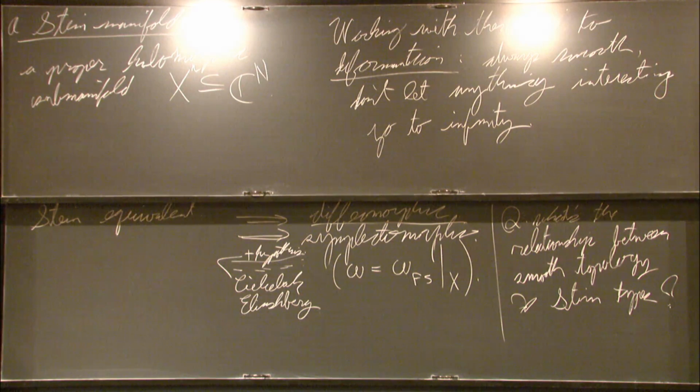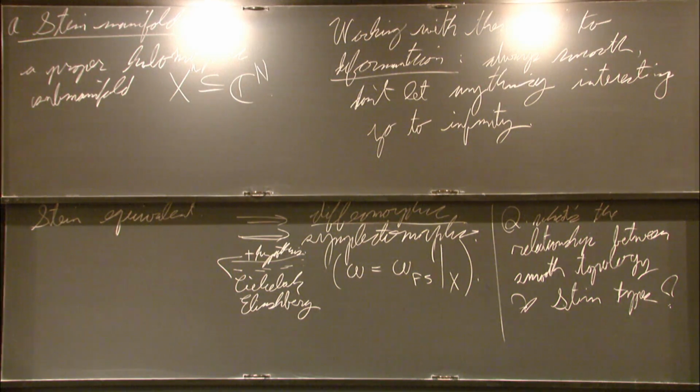In particular, every smooth non-compact surface admits a Stein structure, and they're all equivalent as long as they're diffeomorphic.